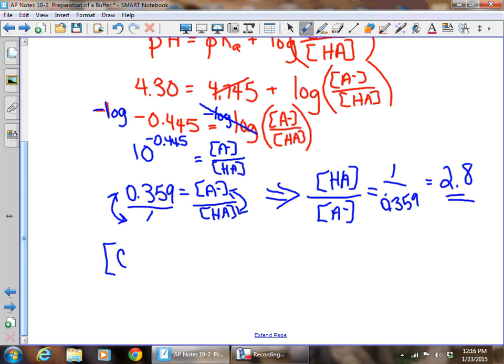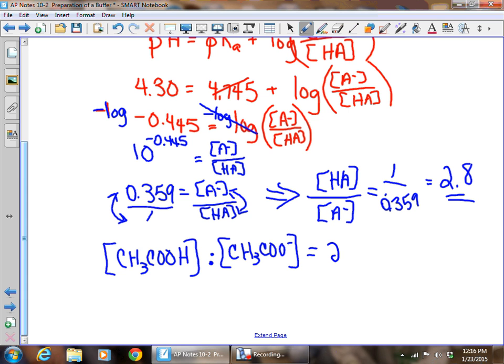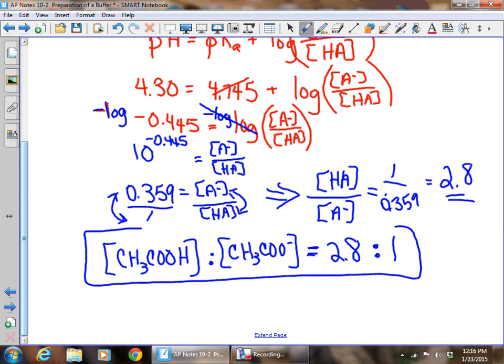The concentration of CH3COOH to the concentration of the salt ion, the acetate ion, is equal to 2.8 to 1. Changing those into a ratio form like this. So that's how I would write it, just to make sure no one has any choice but to give me full credit for this problem.